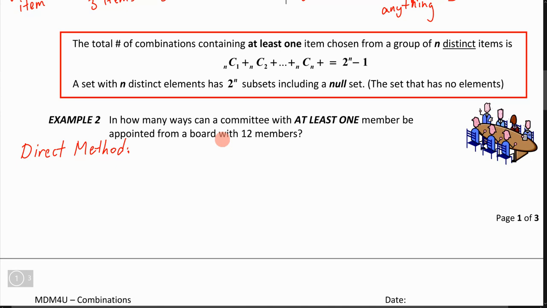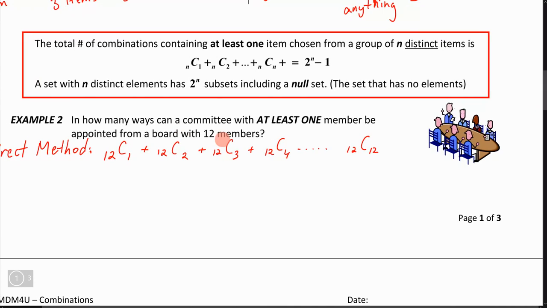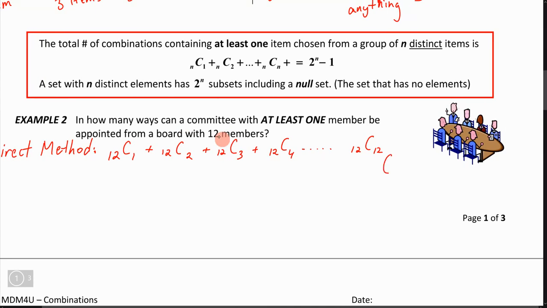If it's at least one member, you're looking at 12 choose 1, plus 12 choose 2 members for our committee, plus 12 choose 3, plus 12 choose 4, etc., until you reach 12 choose 12. And this could be kind of time consuming.